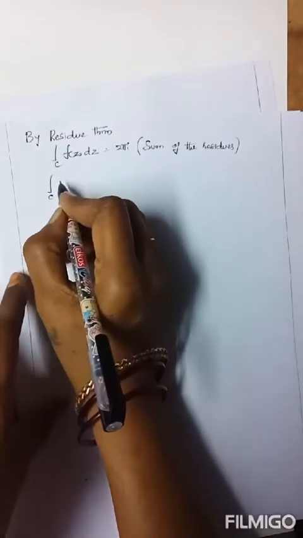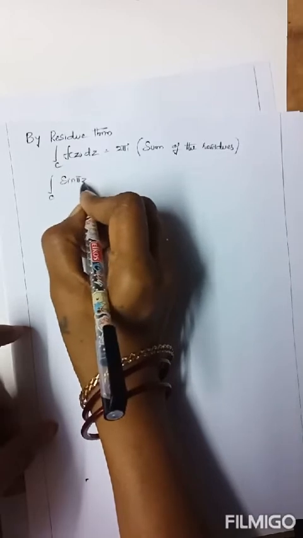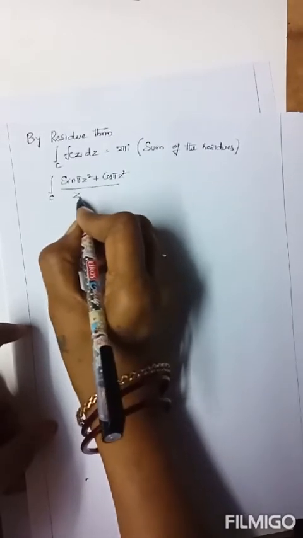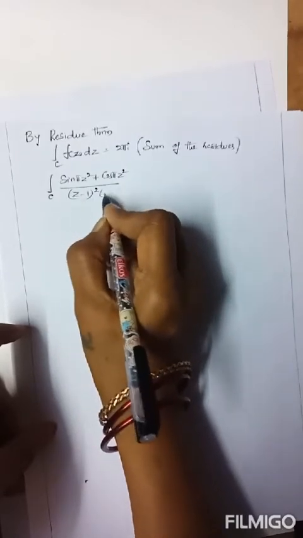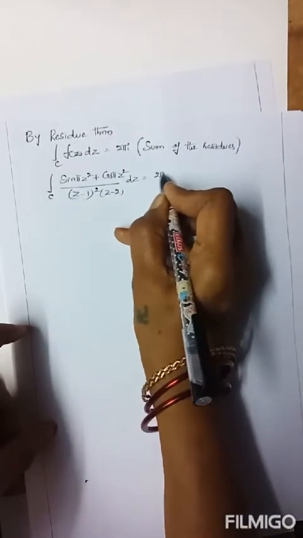Integral over C of [sin(pi z squared) plus cos(pi z squared)] by (z minus 1) whole square (z minus 2) dz equals 2 pi i.